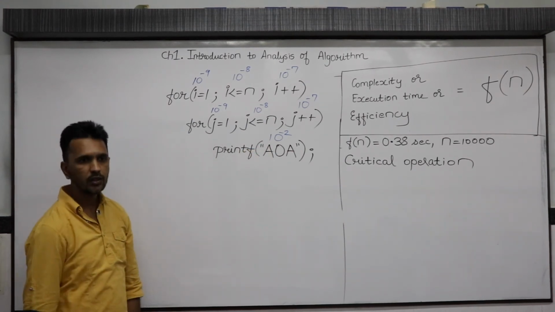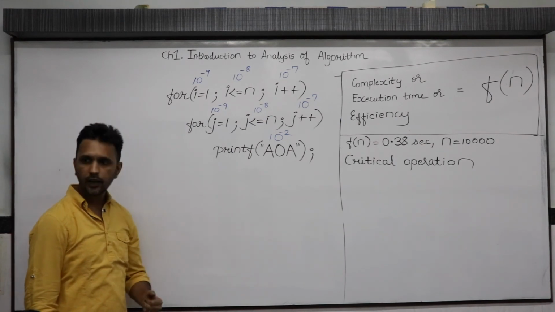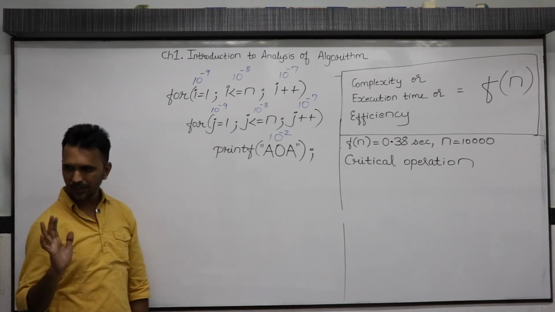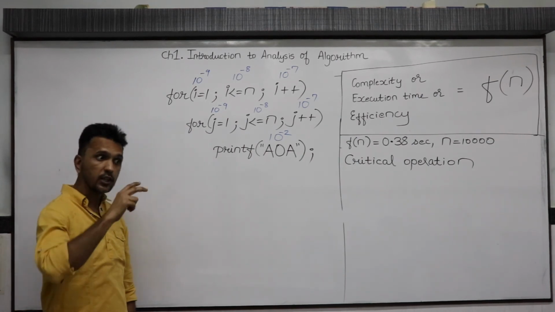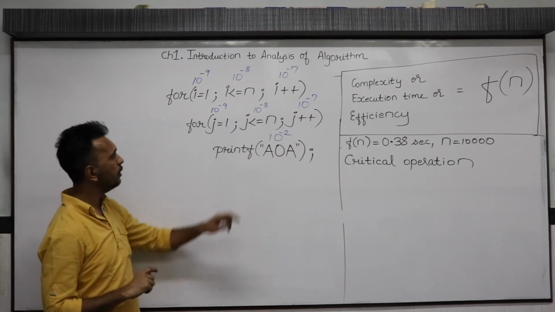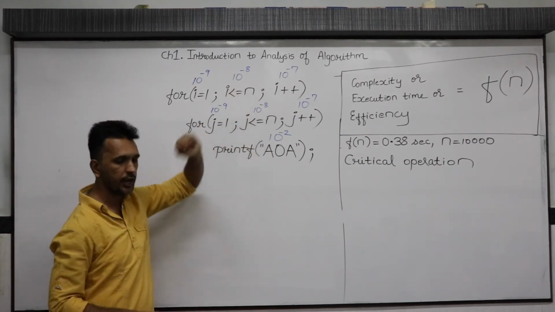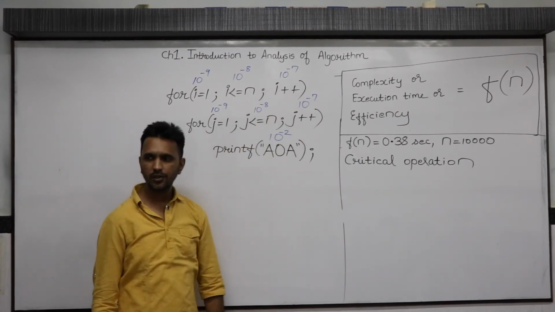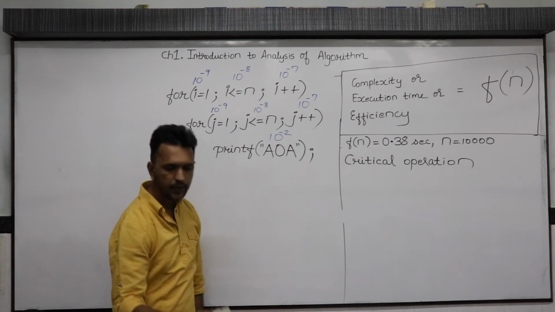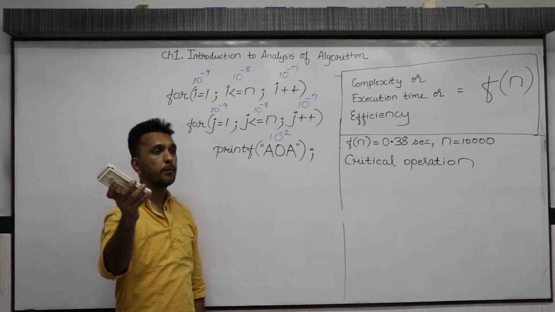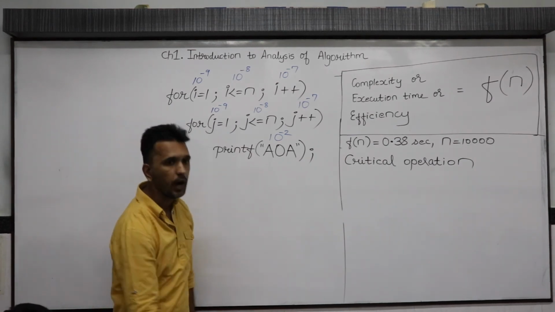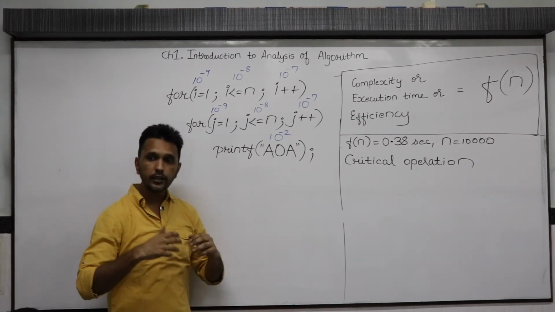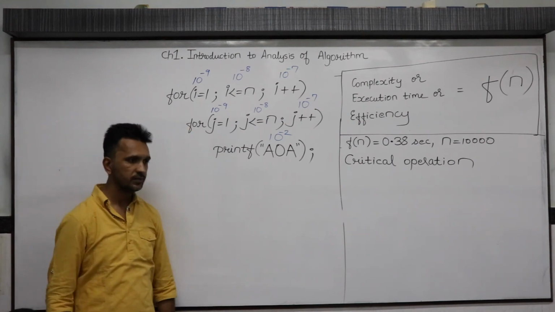How much is it? 10 raised to 7. 10 raised to 7 is such a large number. You see things in comparison. Similarly, when you compare this and this, it is 10 raised to 6, then 10 raised to 5. So the point I am trying to make is the time taken by printf is much more than the time taken by other operations.